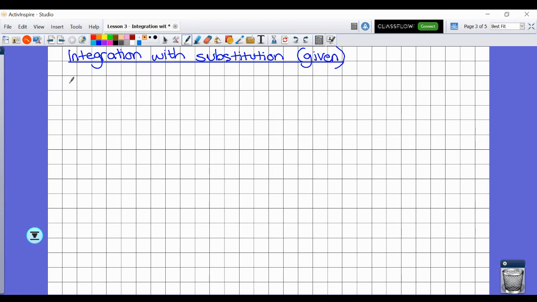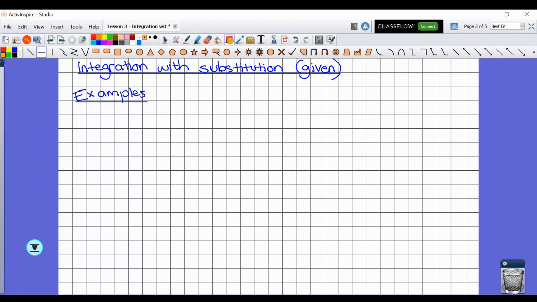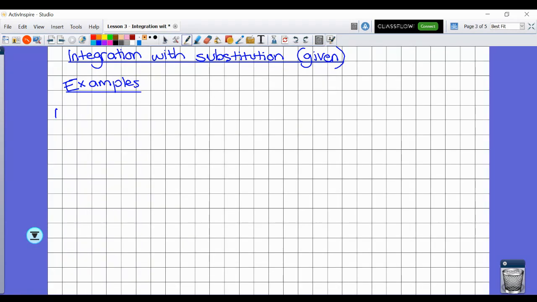Okay, so I've got 2 examples. So I'm just going to go straight into it. So examples. Question 1. Okay, so everything I write down, you should be writing down too, because this is your notes, essentially.